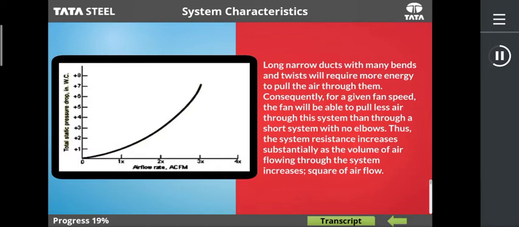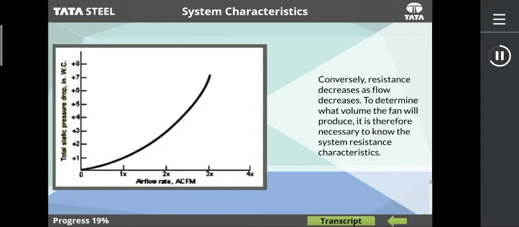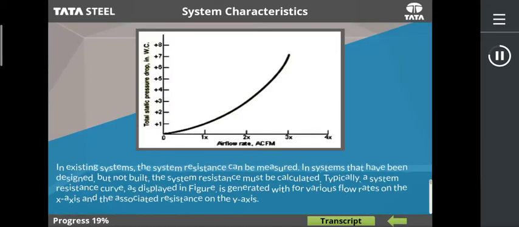Thus, the system resistance increases substantially as the volume of air flowing through the system increases, square of air flow. Conversely, resistance decreases as flow decreases. To determine what volume the fan will produce, it is therefore necessary to know the system resistance characteristics.